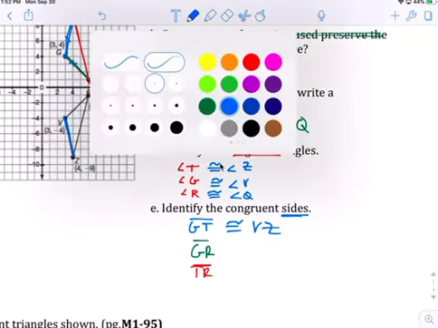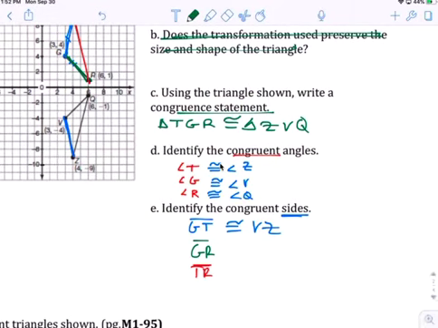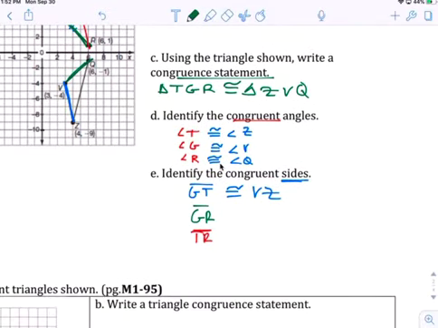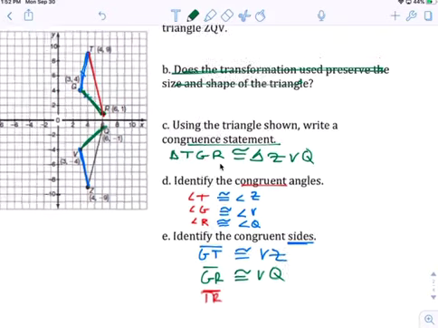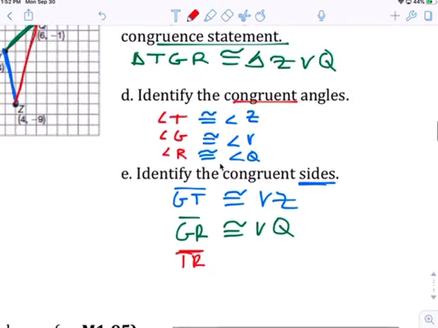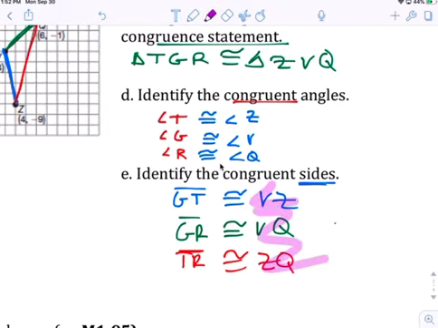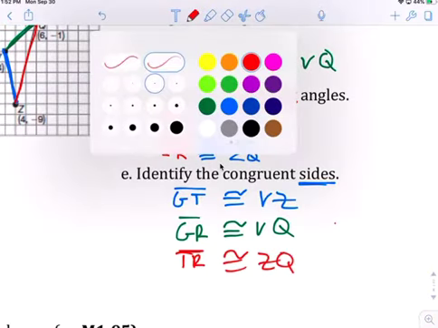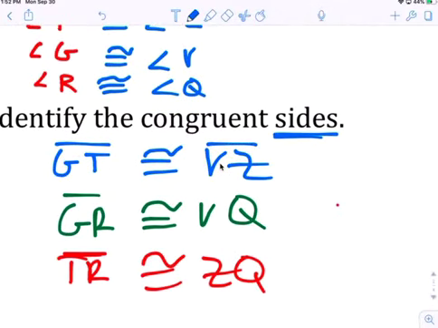Now, the next one, G to R, is congruent to V to Q. And the last one, T to R, is congruent to Z to Q. And what's wrong with all this here? That's not correct. You'll get only a 3 because you forget the line segment, the symbol for side.